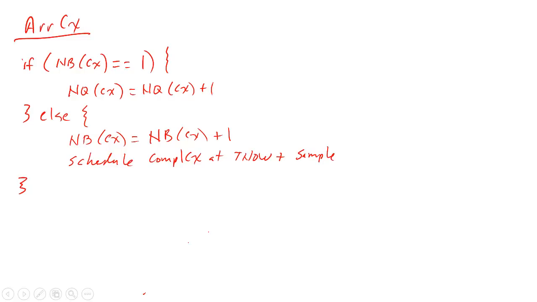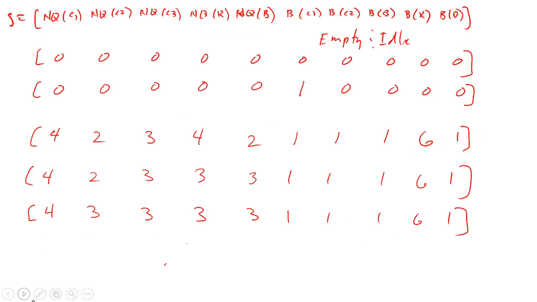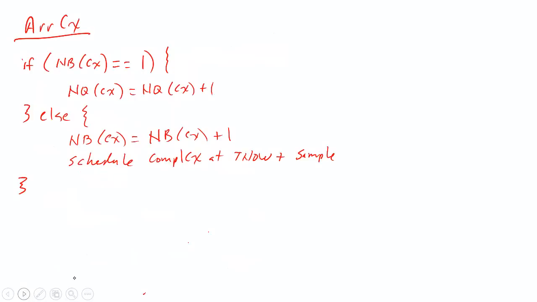One minor thing that I just noticed in reviewing my video: I used the state NB to represent the number busy, when in fact, when I define my system state, I just used B. So I just used busy C1, busy C2, rather than number busy C1 and number busy C2.